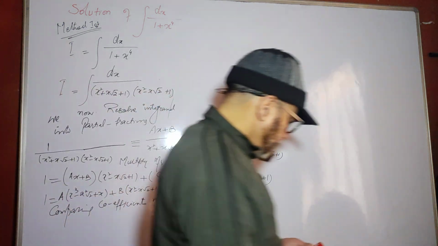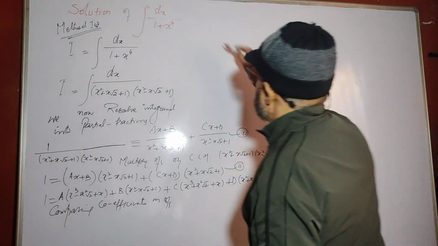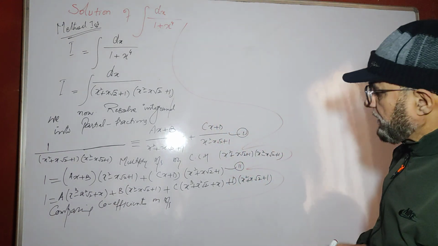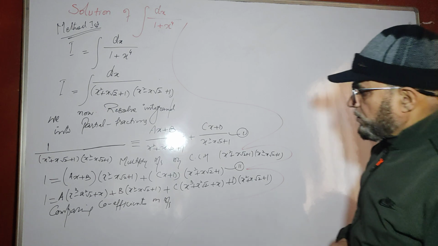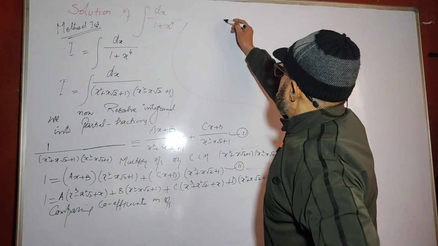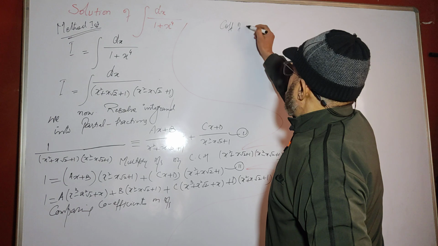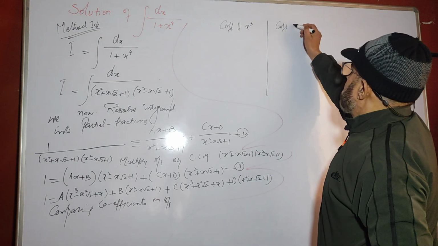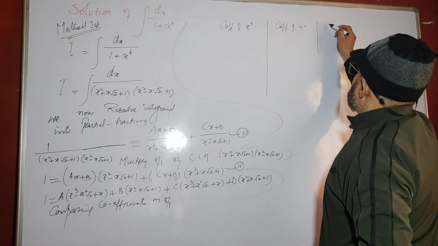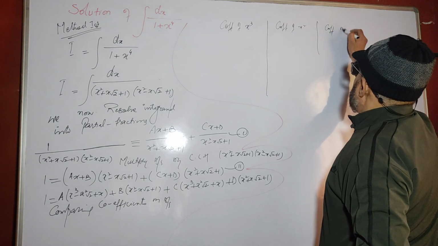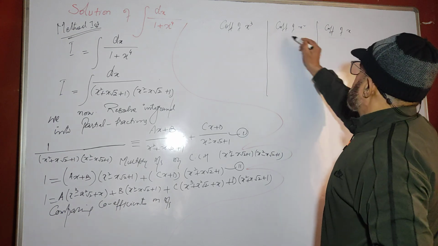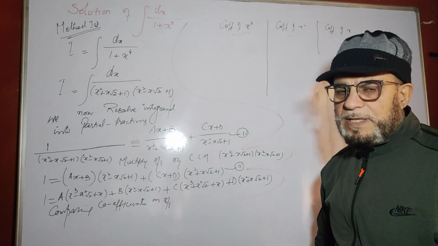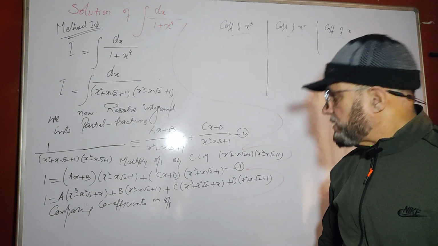We compare the coefficient of x cube first, then the coefficient of x square, and I may need the coefficient of x. Because we don't have a linear factor here, we compare the coefficients. Our aim is to find what is a, what is b, what is c, what is d.